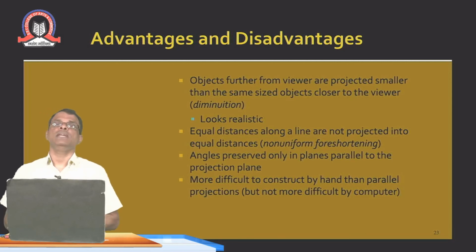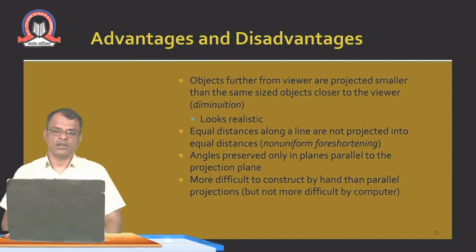What it means is, suppose I have a cube of 5 by 5 centimeters. If I keep it closer, it will look big in shape. But if I move that object to a longer distance, far from me, I can see the shape is reduced. This is perspective scaling, it will get reduced.